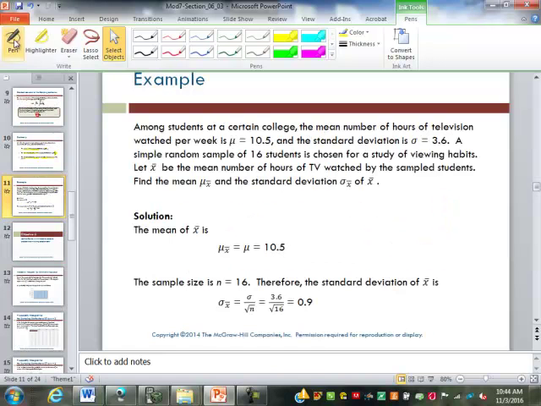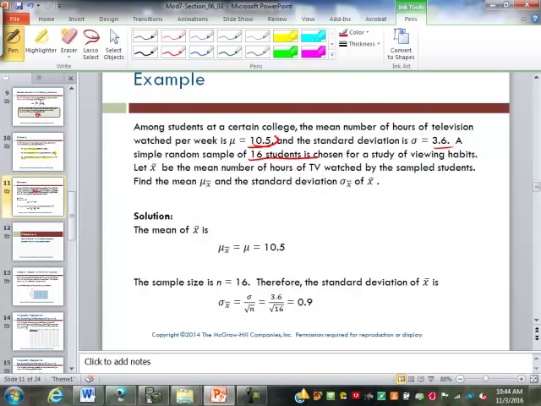So let's look at an example. Among students at a certain college, the mean number of hours of television watched per week is 10.5. The standard deviation is 3.6. A random sample of 16 students is chosen for a study of viewing habits. Let X bar be the mean number of hours of TV by the sample students. Find the mean of the sample means and the standard deviation of the sample means.